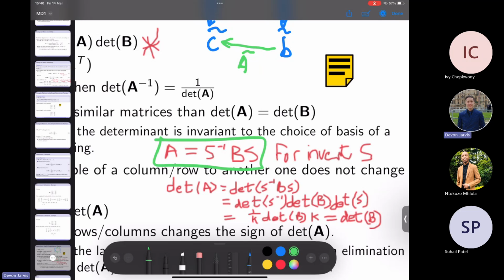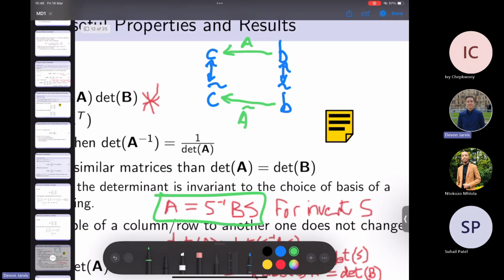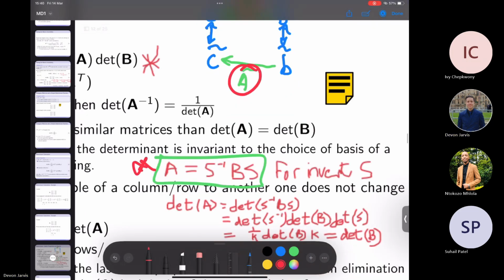So what this is saying is whether I take the determinant with respect to A or A tilde, I get the same result. That's really important. The amount of stretch that my transformation does to my space does not depend on how I represent that space. It does not depend on the basis chosen.